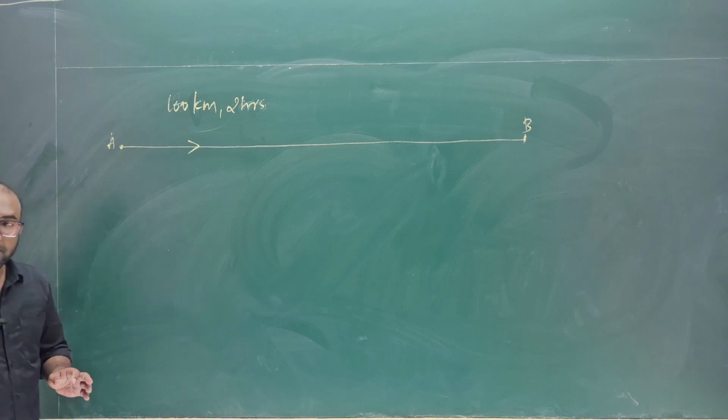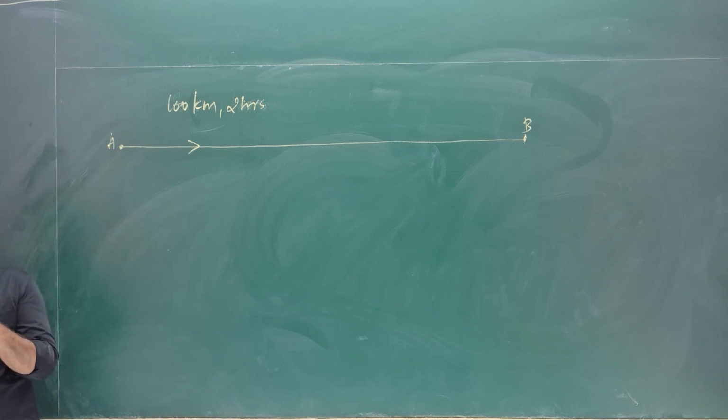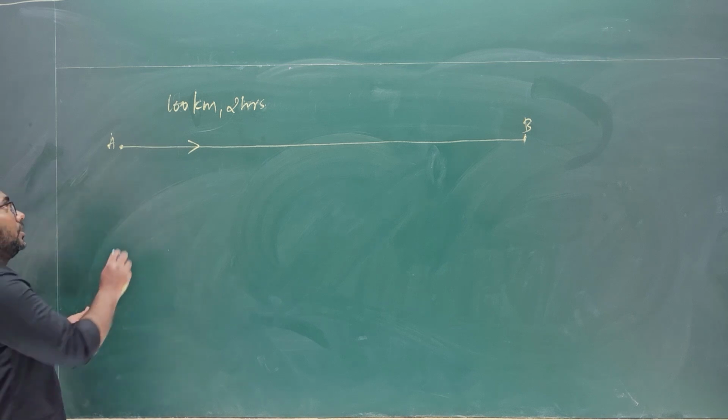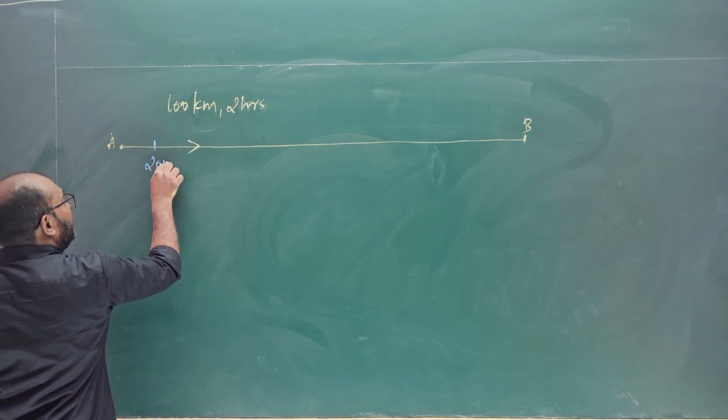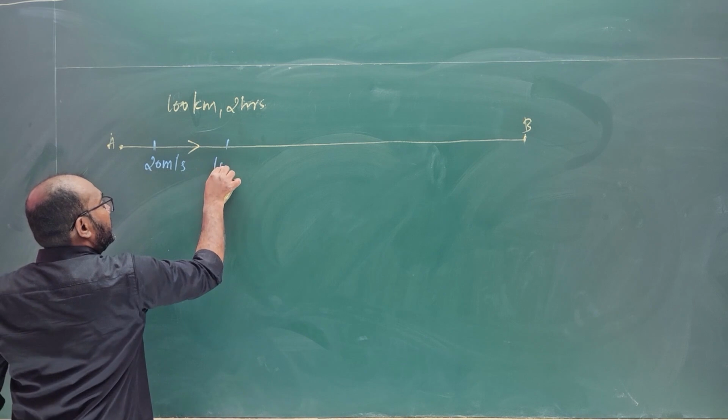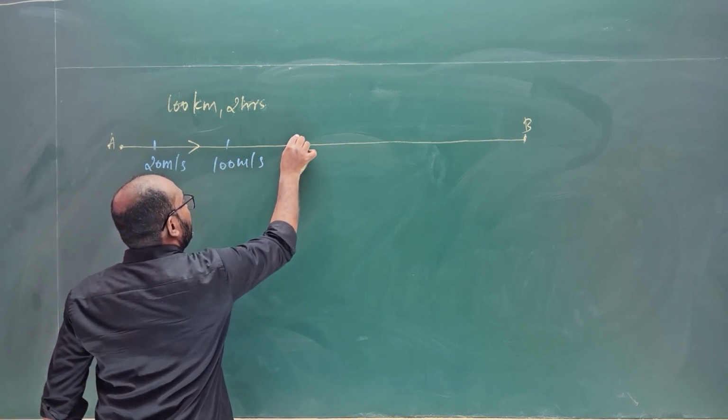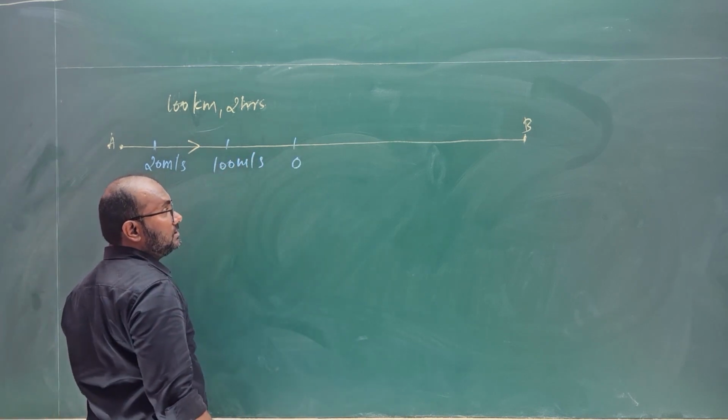As we all know, average speed does not tell you what is happening throughout the journey. We already discussed this. Maybe body at this point is moving with 20 meter per second. At this point 100 meter per second. Maybe at this point body came to rest.